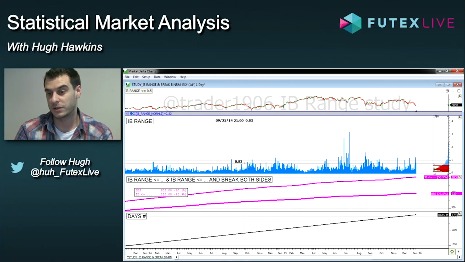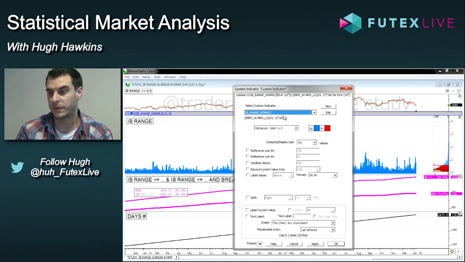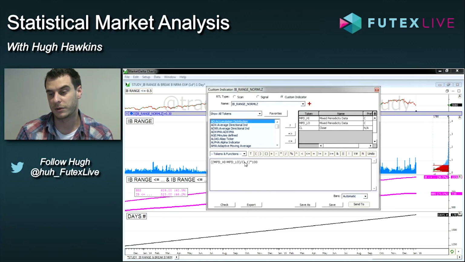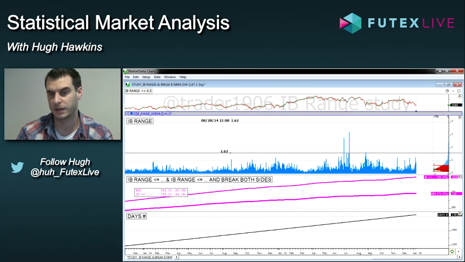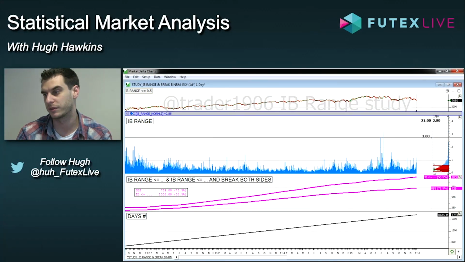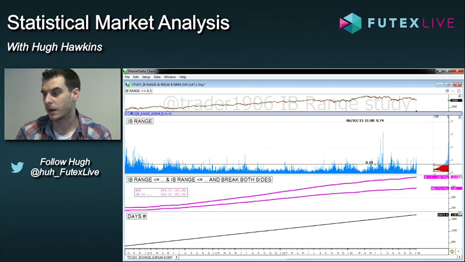Then I divide that by the close, multiply by 100, so I have the range in percent, and then I've charted it as a histogram with the profile again on the right hand side.